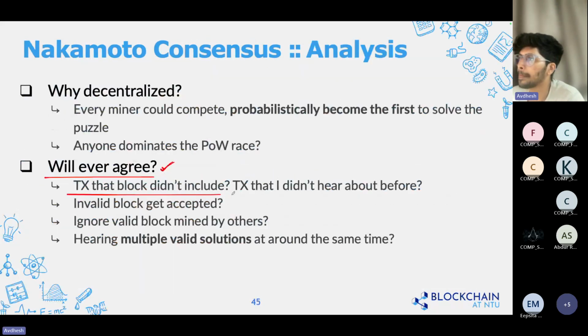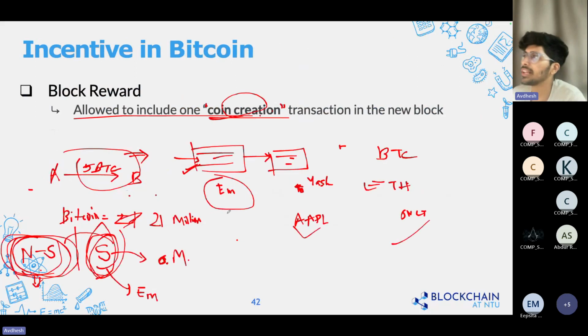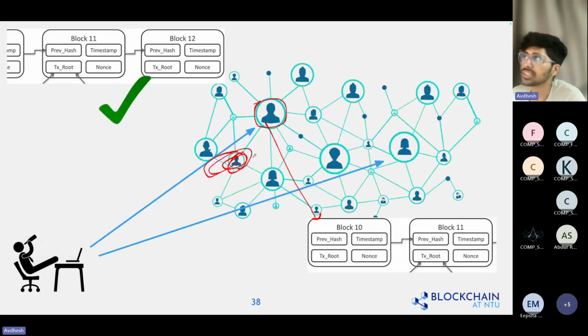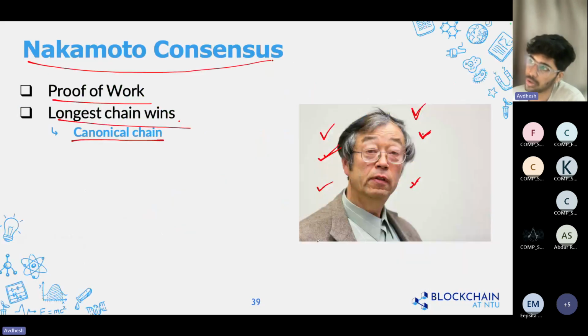And will invalid blocks get accepted? That block has been invalid now, even if it's legitimate, it doesn't matter, because Emmanuel has already sent out the block and it has been added. So what happens to those blocks?